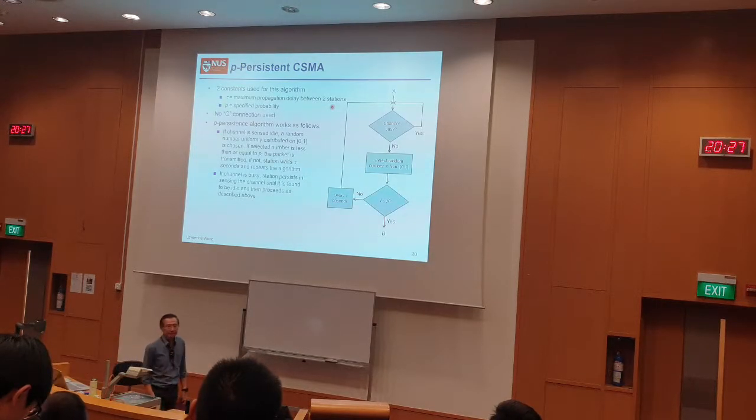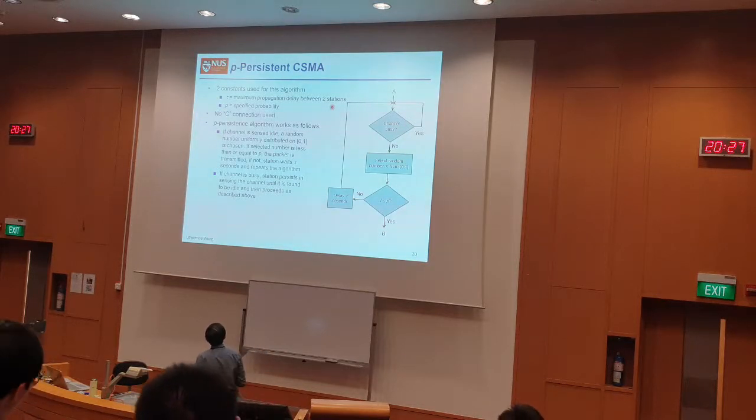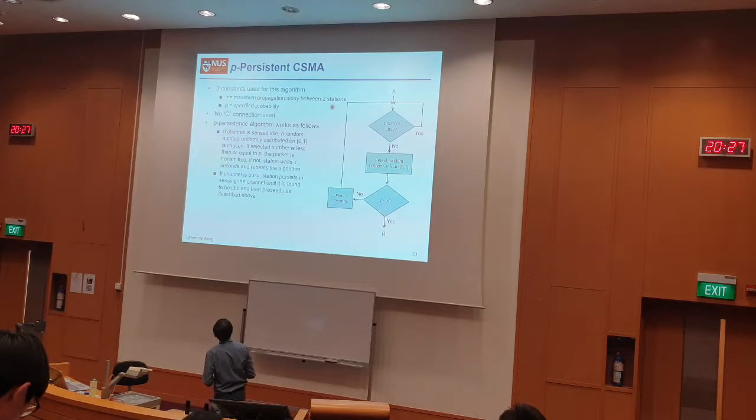P persistent. Okay? So you transmit with a certain probability P. That's why we call it P. Alright, let's see what happens. If the channel is sensed idle, a random number uniformly distributed from 0 to 1 is chosen.